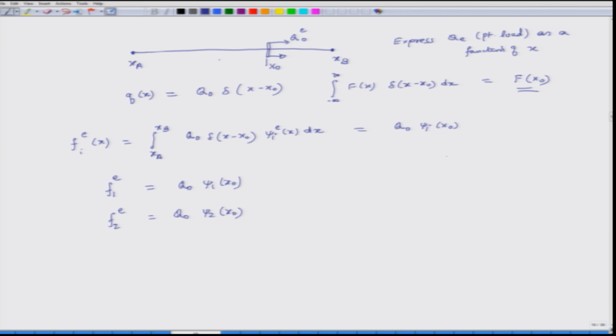Now this is for a linear element. If it was a cubic element, then we change psi 1, psi 2, psi 3.